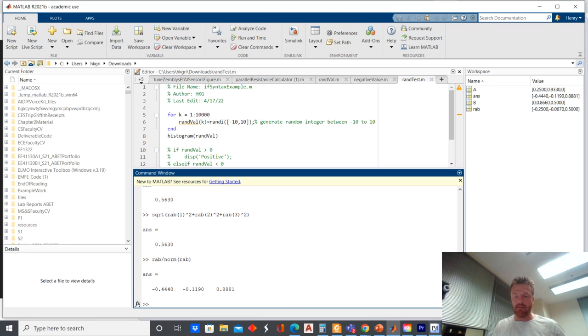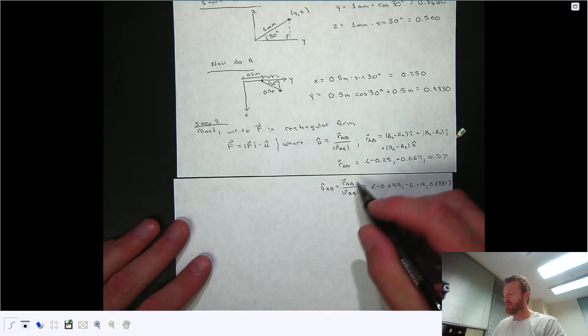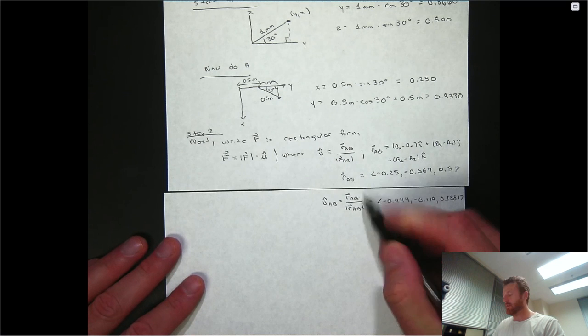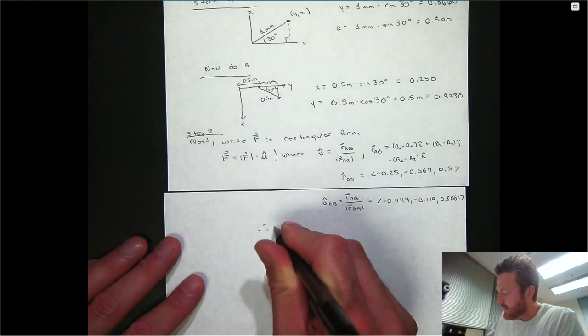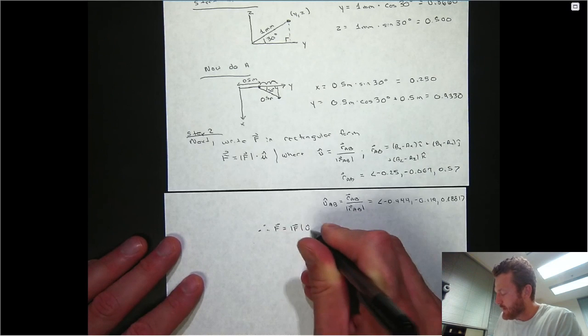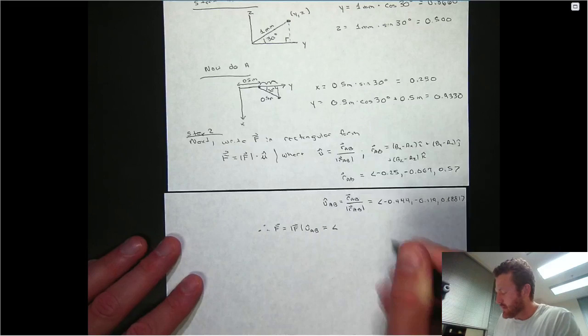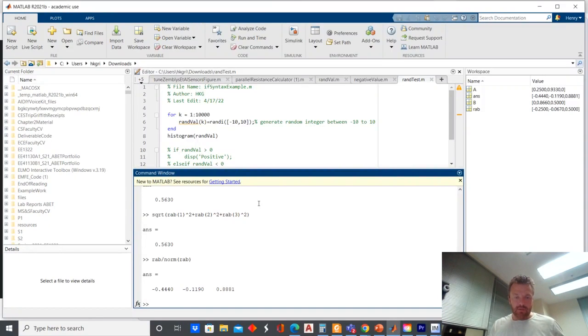Going back to my document camera, that would be unitless because this was in meters and this was in meters, and those units cancel. Therefore, the vector F is mag F times that unit vector. I'm going to take that answer from MATLAB and multiply by the magnitude of F, which is 450 newtons. Parentheses to make it clear there.